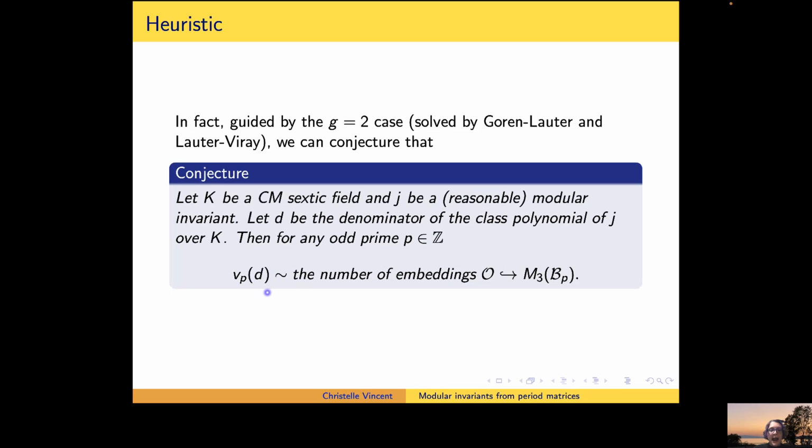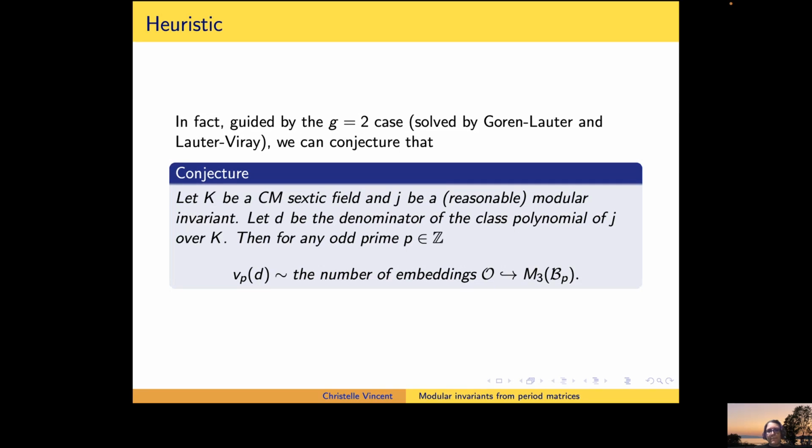We are guided by earlier work of Goren-Lauter and Lauter-Viray that the number of ways in which we can put this order into this matrix algebra should give us some information about the degree of the prime. Roughly speaking, each different embedding should come from a different curve that has bad reduction, that is, a different curve that has P dividing the denominator of its invariant. And so that should tell us how many times P divides the denominator of the invariant.